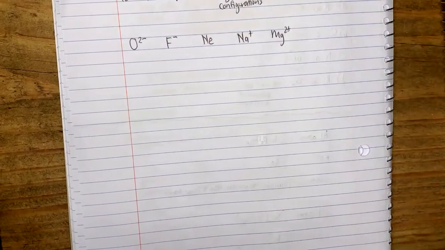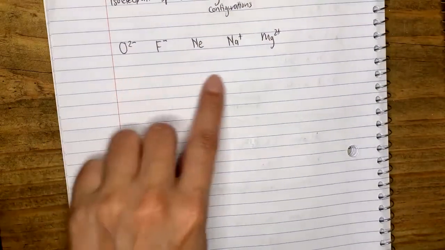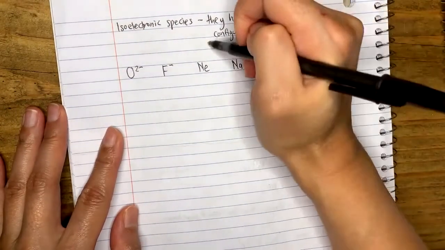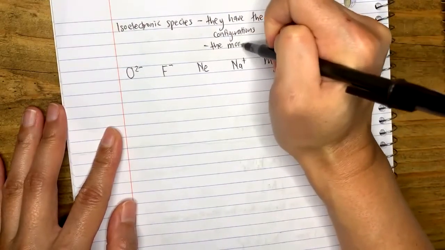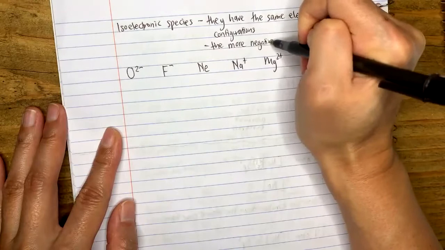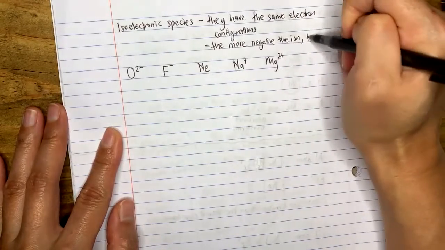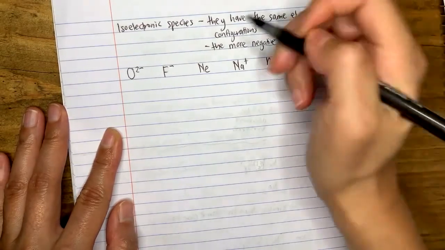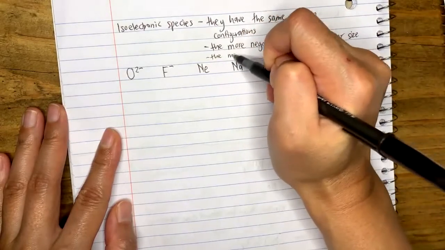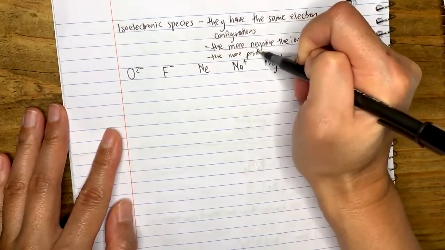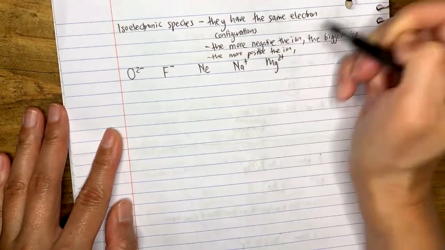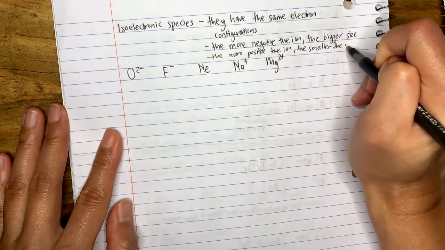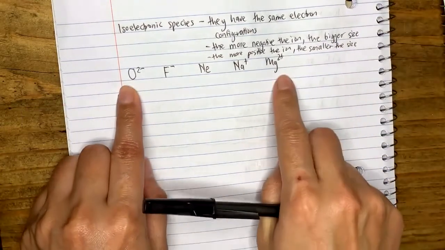So anyway, give you one example here, and then we want to say, when you have isoelectronic species, the more negative the ion, the bigger the size, okay? And the more positive the ion, the smaller the size.